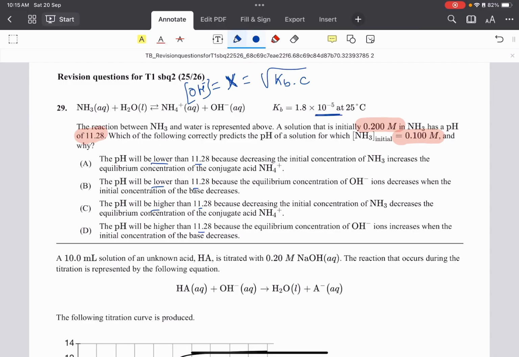Or you can just read the answer. Now the answer is going to be even lower than 11.2. Let me give you the answer. 1.8 times 10 to the negative 5 times the concentration that I'm going to use here. Now the answer is minus log of the answer. That's the pOH.